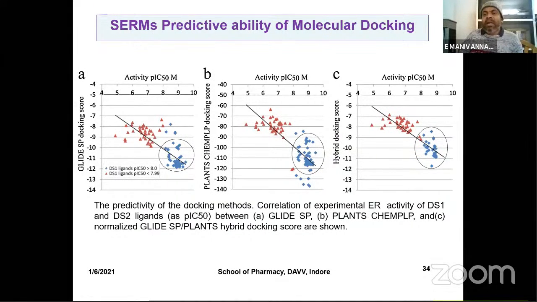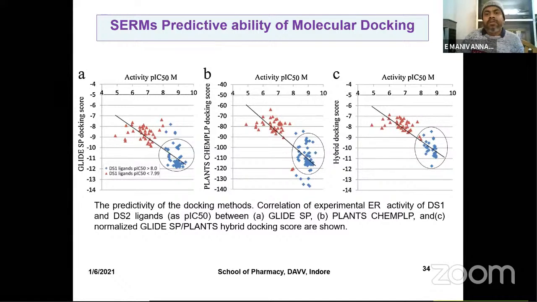For recognizing all the active ligands, we hybridized both approaches, so here we were able to recognize the pool of all active ligands. So our objective is fulfilled with this molecular docking approach.